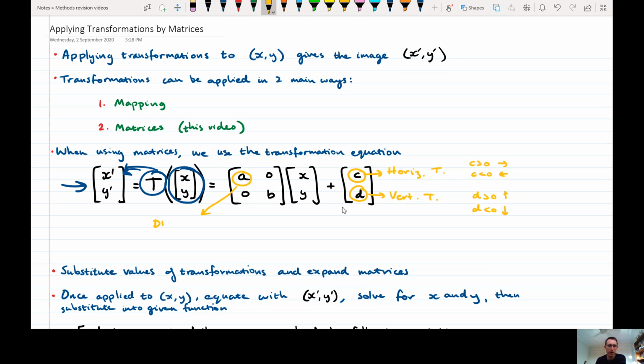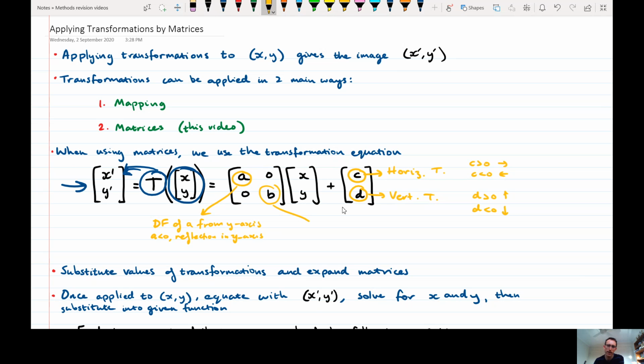That means the dilation of factor A from the y-axis. If it's affecting an x value, it's stretching it out horizontally. And if A is negative, it's a reflection in the y-axis.